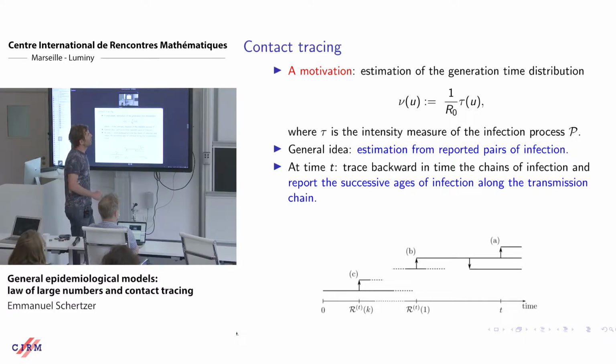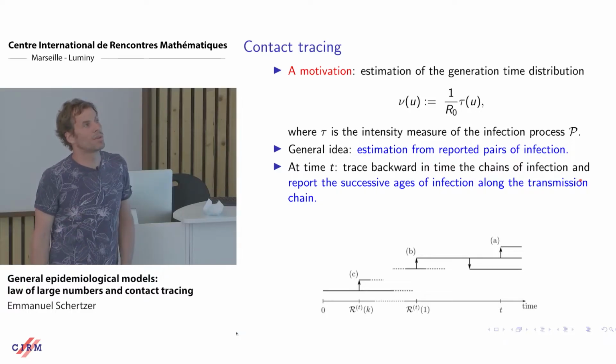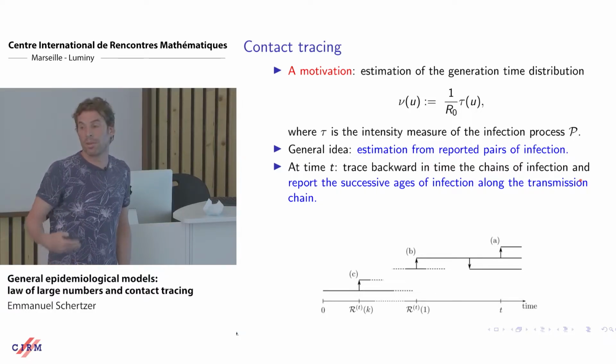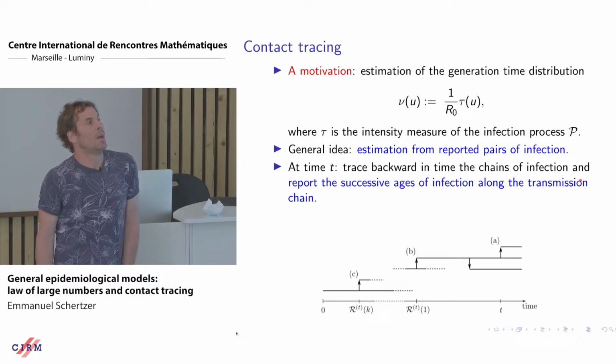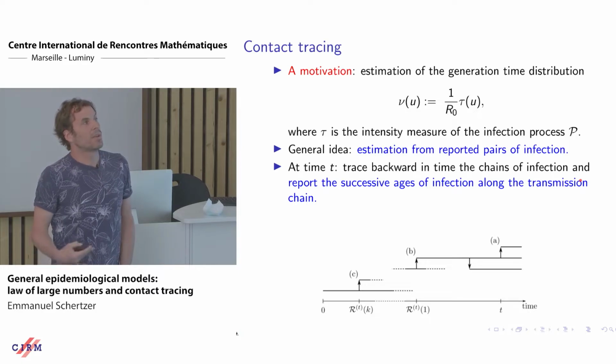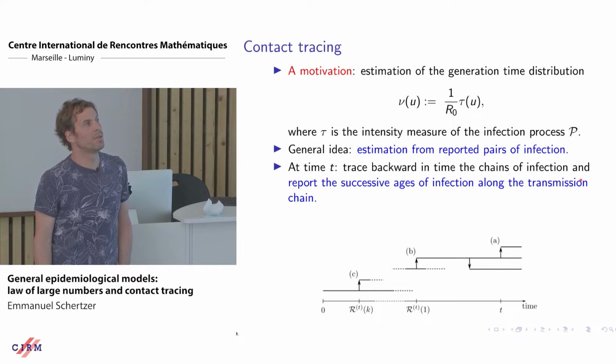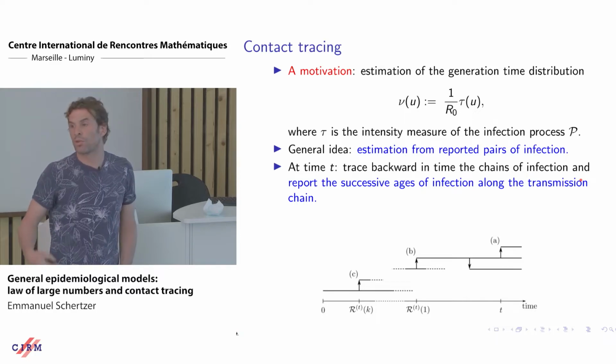And so now what we would like to do is to get some kind of estimation of this quantity out of contact tracing data. So the general idea is to estimate this quantity from reported pairs of infection, namely individual A infected individual B. And so the way it works is at the time t, you take a freshly infected individual and you trace backward in time the chain of infection and you just report the successive ages of infection along the transmission chain.